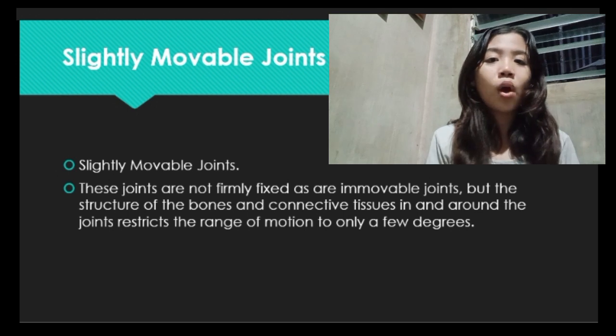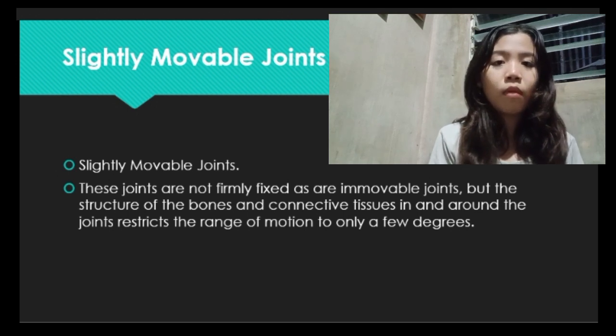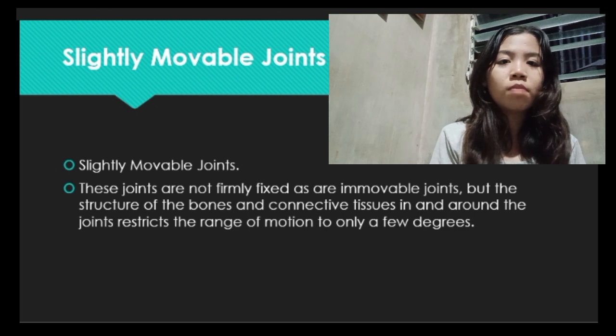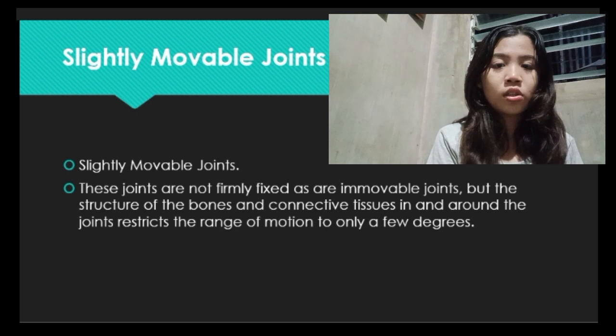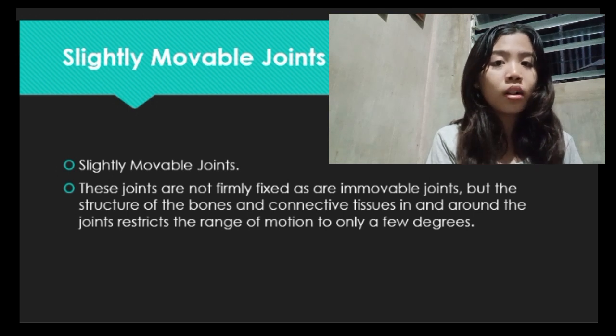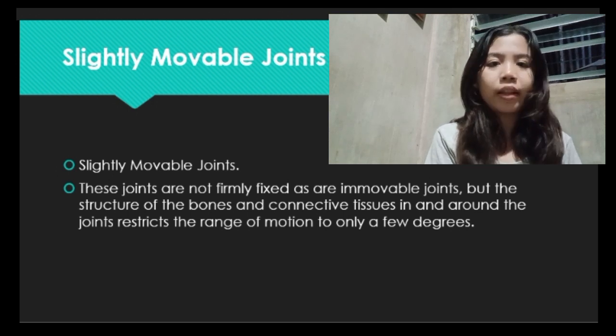A good example of slightly movable joints are the joints between the vertebrae in our spine. These joints are connected by intervertebral discs of cartilage, which allow for a small amount of movement.